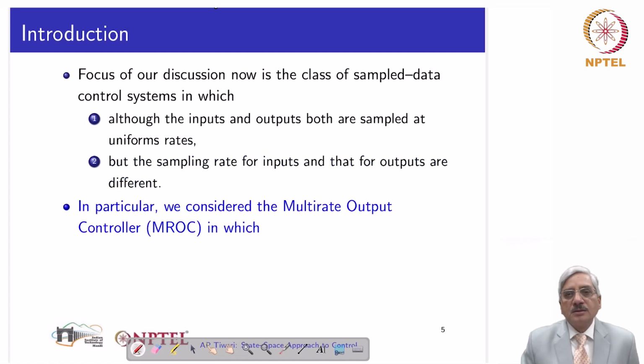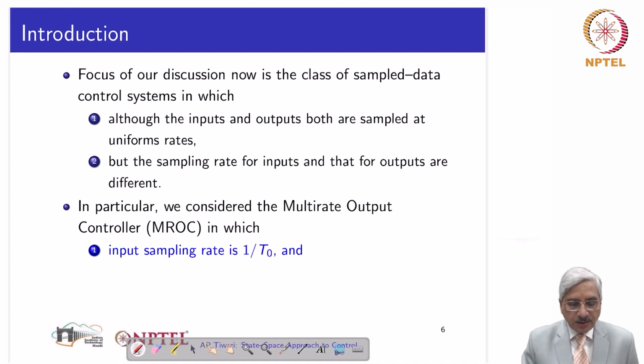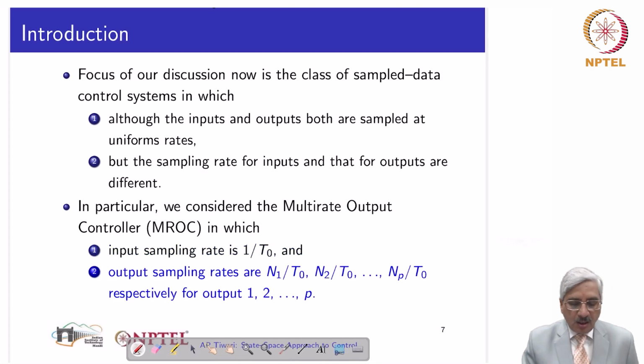So in the last lecture, we discussed the multi-rate output controller. In this controller, the rate of sampling of the input is 1 by T0. However, the outputs were sampled at a faster rate: N1 by T0, N2 by T0, N3 by T0, etc. The pth output was sampled at the rate Np by T0.